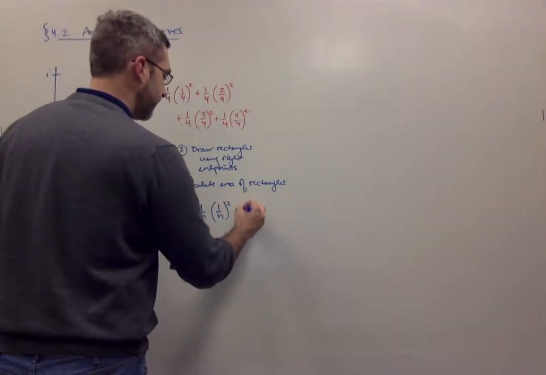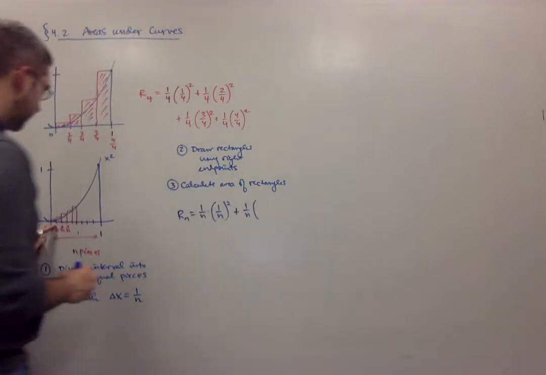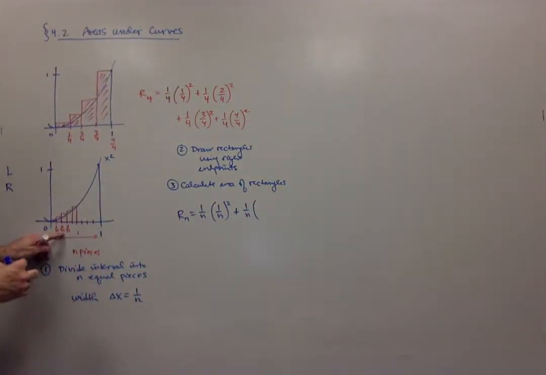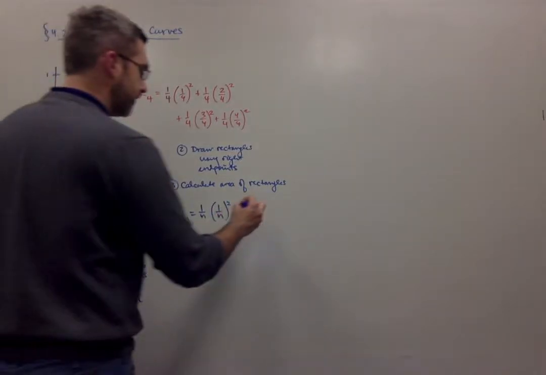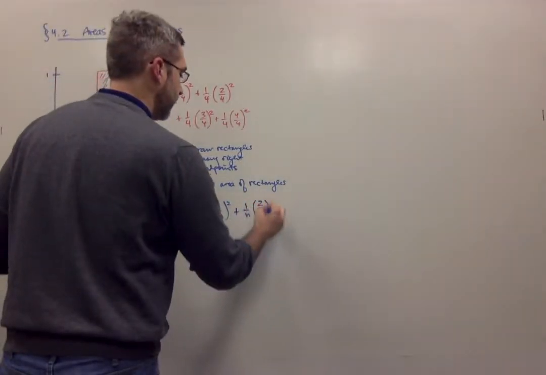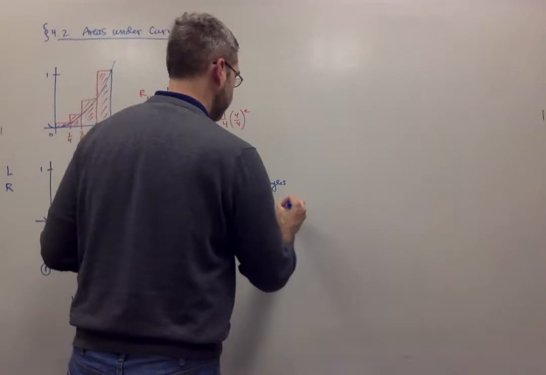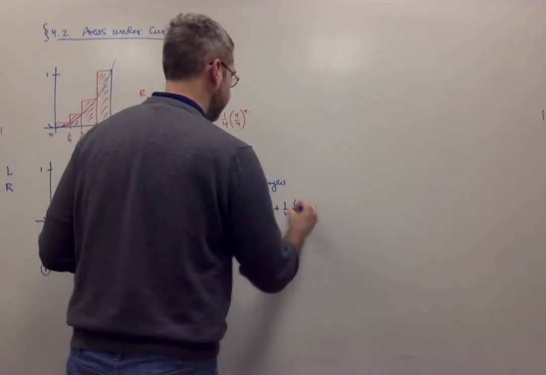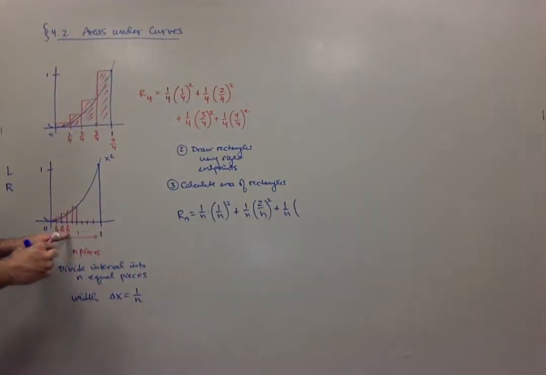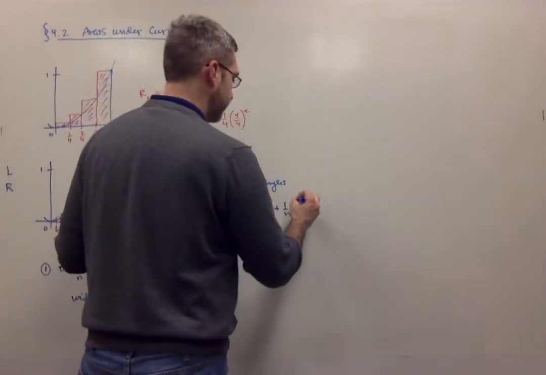The next rectangle has width 1 over n, and the height is what I get when I plug this right side into the function. Now the right side is 2 over n, and so that's what I'm going to plug into the function. In other words, I'm going to square it. Okay. Then the next rectangle has width 1 over n, and it's what I get when I plug the next point into the function. That's 3 over n.